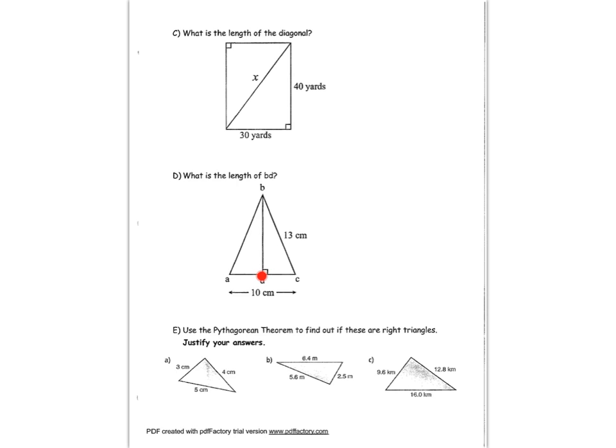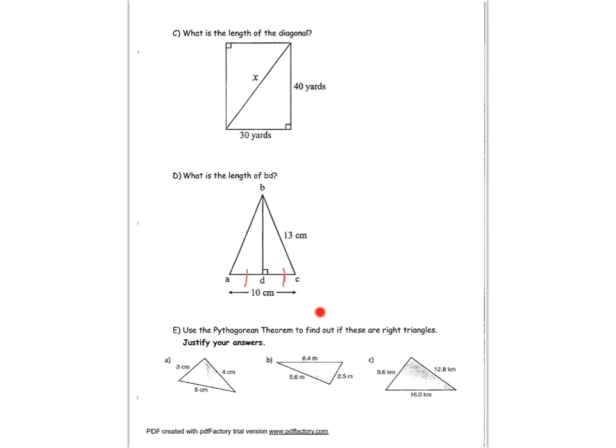We drop perpendicularly to the base, and what happens is we're going to have a bisector there, and this triangle is going to be congruent on each side of that. So what we actually wind up using is half of that, which is 5. So we'll have 5 for A, and then we'll have 13 for C, and we're looking for B.